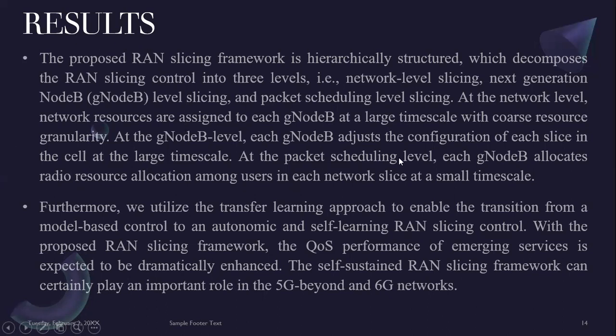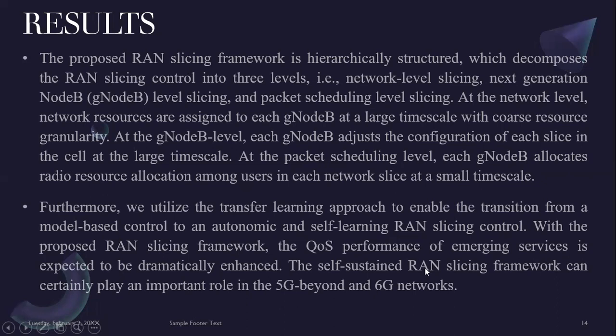At the packet scheduling level, each GNodeB allocates radio resources among users in each network slice at a small time scale. Furthermore, we utilize the transfer learning approach to enable the transition from a model-based control to automatic and self-learning RAN slicing control with the proposed RAN slicing framework. The QoS performance of emerging services is expected to be dramatically enhanced.